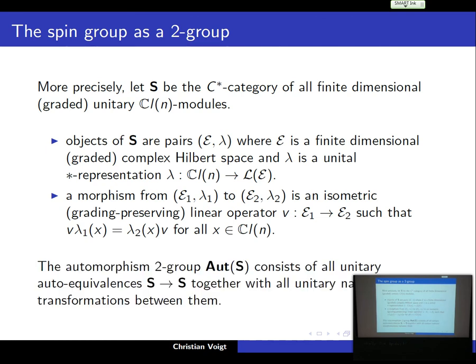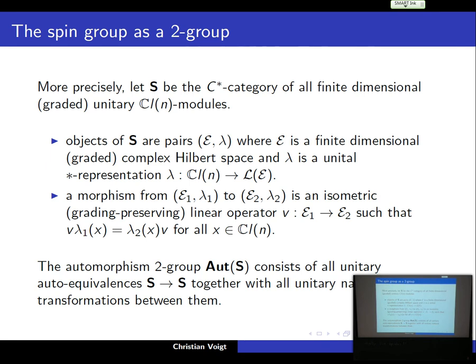Basically, one would look at the category of all possible modules over Cl_n, and this becomes naturally a representation of the automorphism two-group associated to the Clifford algebra.